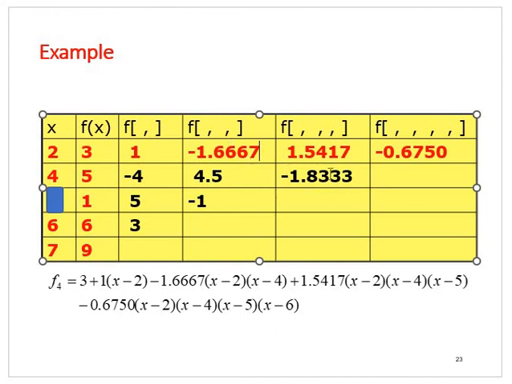Again, if you want to compute this value there, you will say minus 1 minus 4.5, minus 5.5, sorry, because this is minus 1 minus 4.5. So this is minus 5.5.